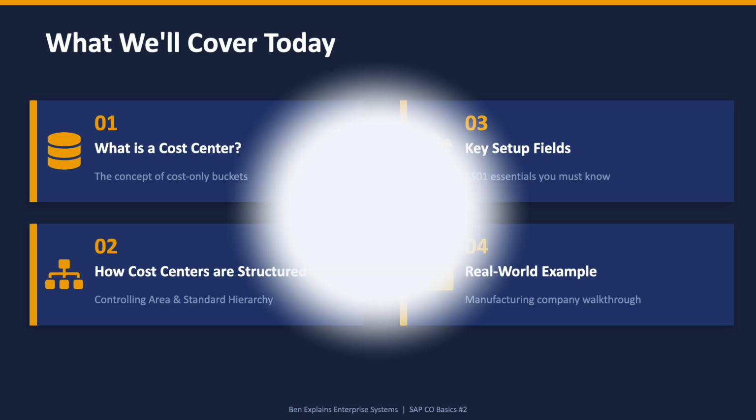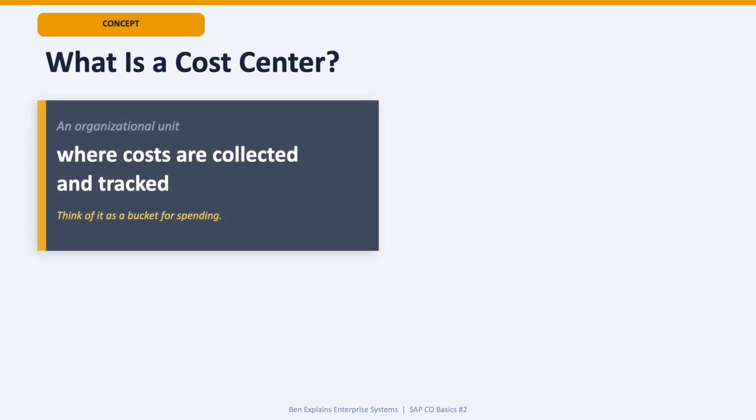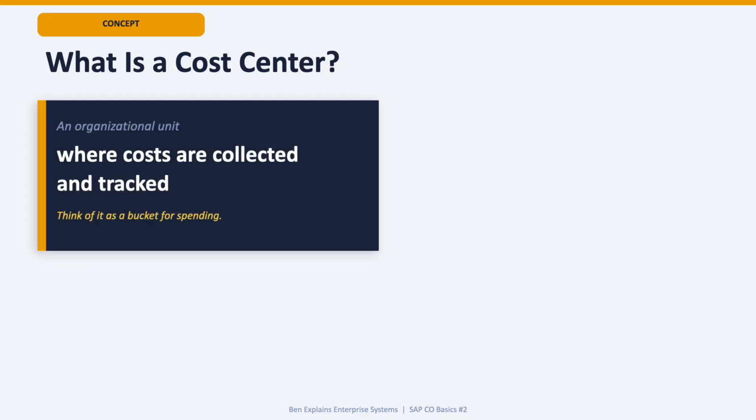So what exactly is a cost center? Simply put, a cost center is an organizational unit where costs are collected and tracked. Think of it as a bucket, a place in SAP where you track how much money a specific department, team, or function is spending.